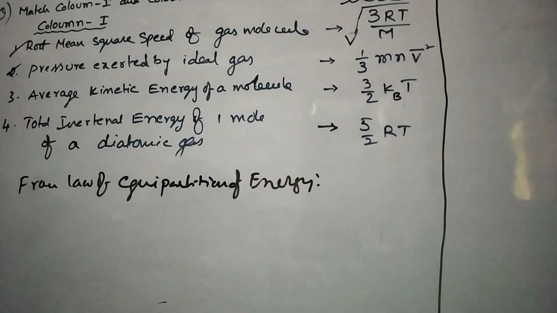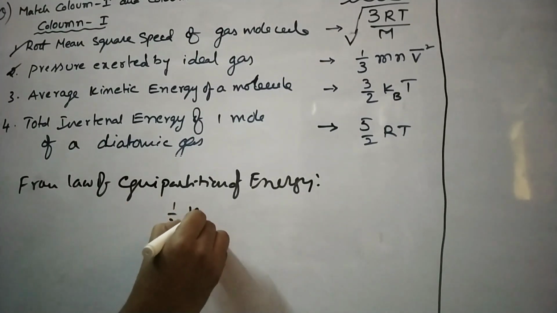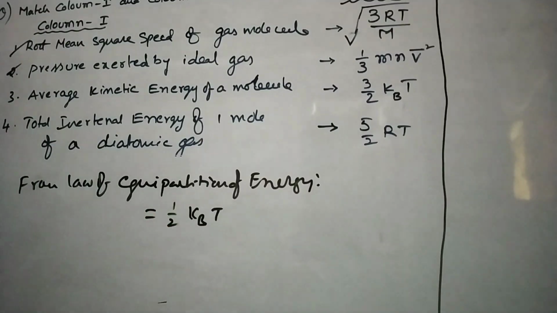What is the measure of the internal energy of a molecule? It is nothing but temperature. So half mv square is given as one half kBT, where kB is the Boltzmann constant and T is the absolute temperature.